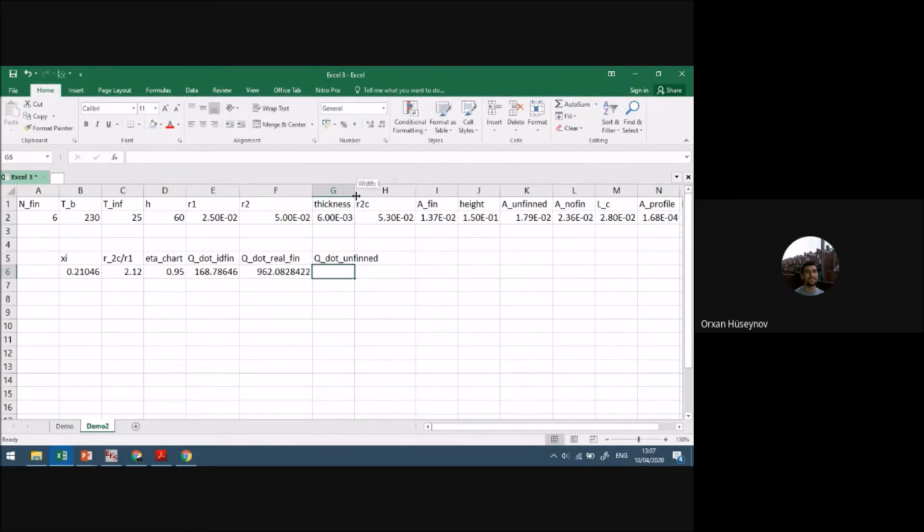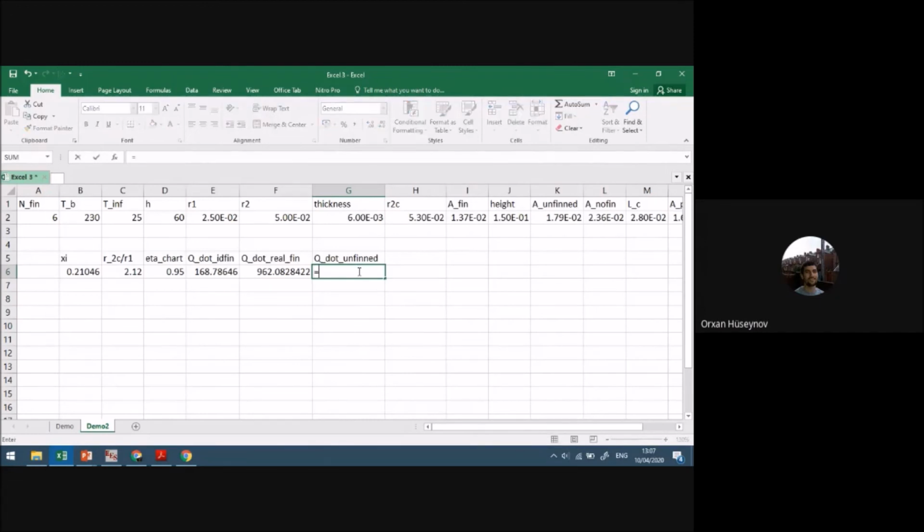As we have said, it will be equal to H into area unfinished into delta T, T base minus T infinity. And the Q dot total will be this one plus that one.